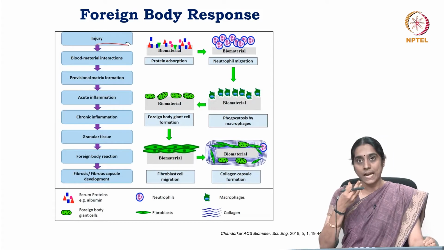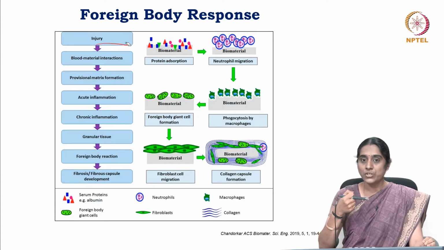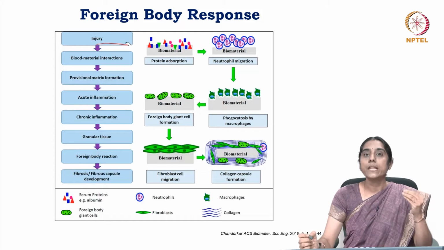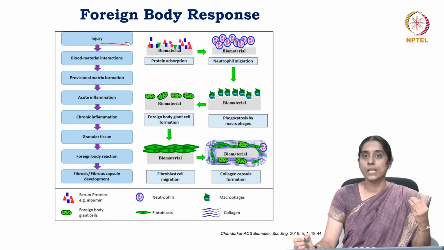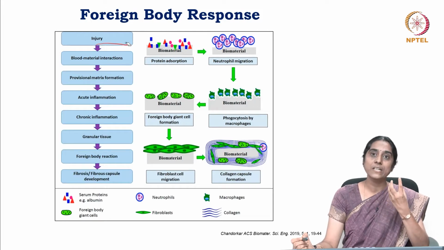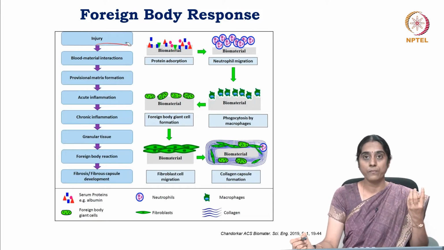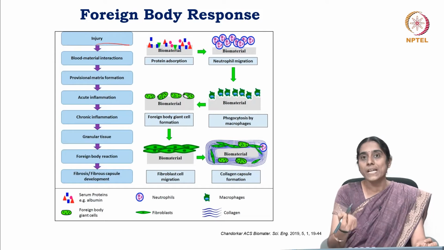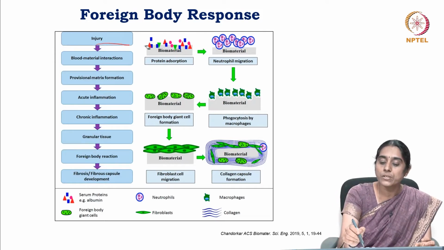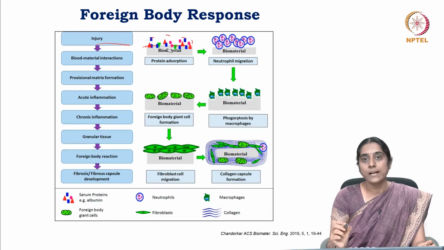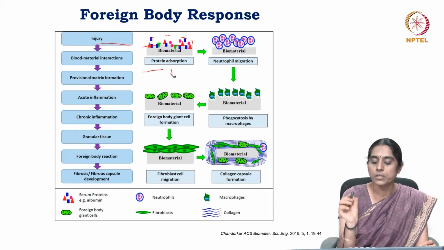Even in the oral cavity, definitely there is going to be an injury where the implant is placed, and that causes exposure to various fluids including blood and its surrounding lymphatic fluids, or in case of the oral cavity, GCF, gingival crevicular fluid, saliva, etc. So the proteins present in these fluids are going to get adsorbed onto your biomaterial. So that is the first step. The protein adsorption is the first step.